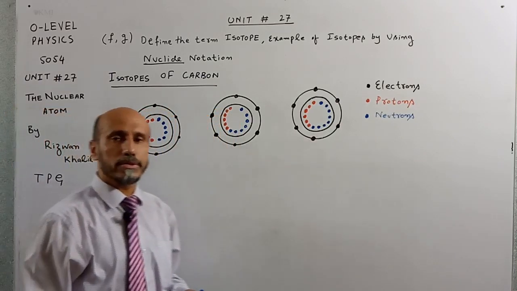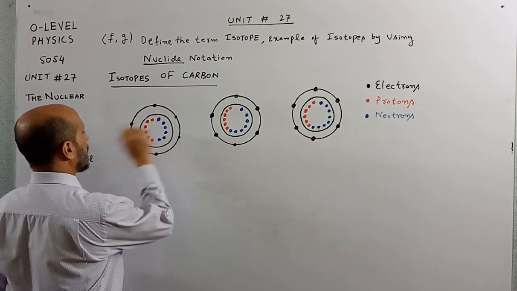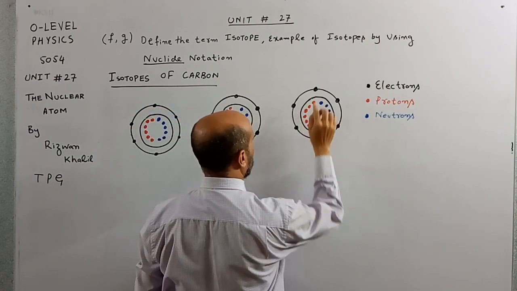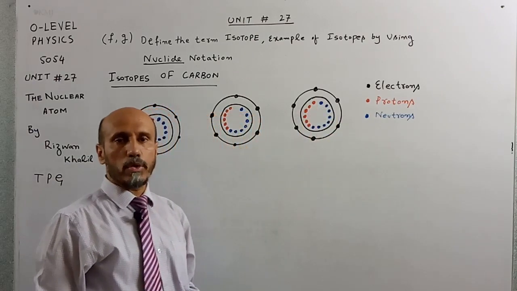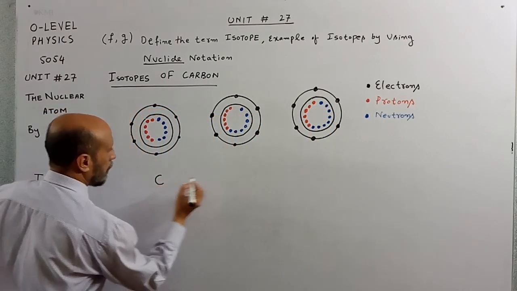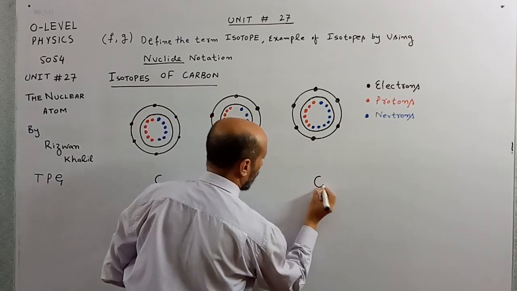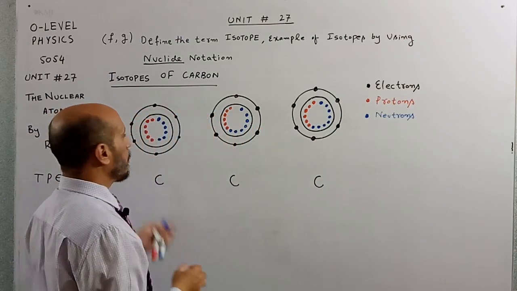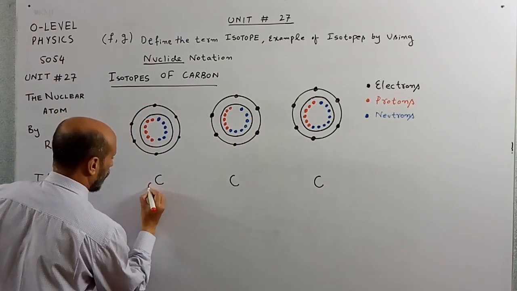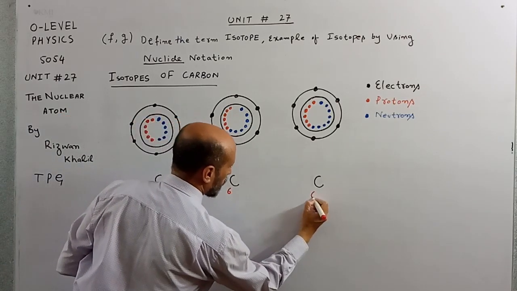Obviously the number of electrons is equal to the number of protons, so 6 in each. So the number of protons is the same. For carbon we will write here the number of protons, which is 6, for the nuclide notation.